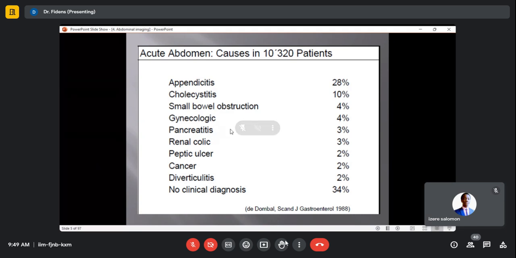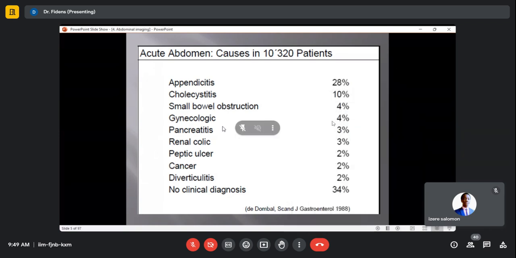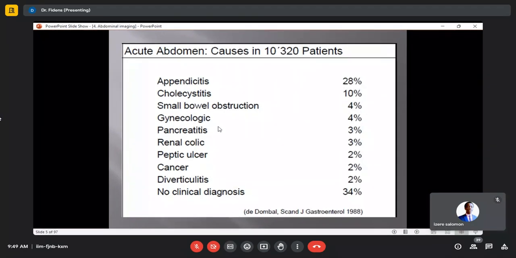Gynecologic causes are different. It can be ovarian cysts, ovarian torsion, ovarian abscesses, or ectopic pregnancy. There are many. They represent 4%. Pancreatitis, 3% in that study.